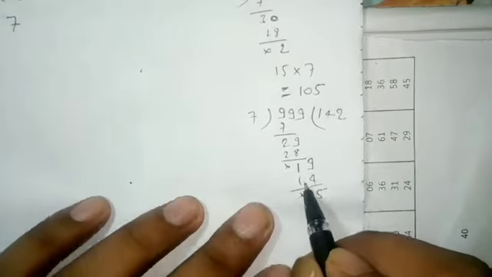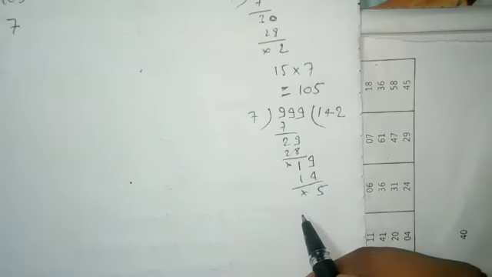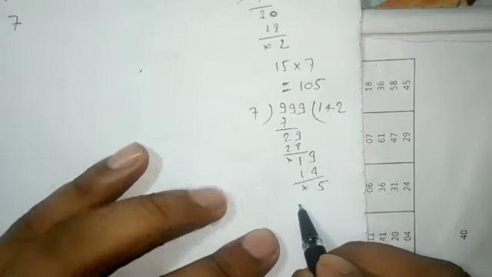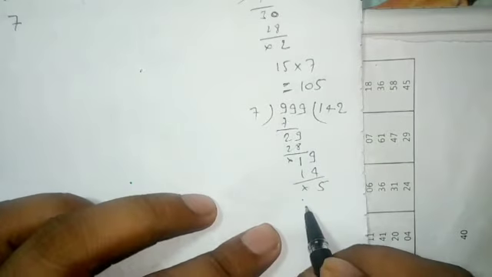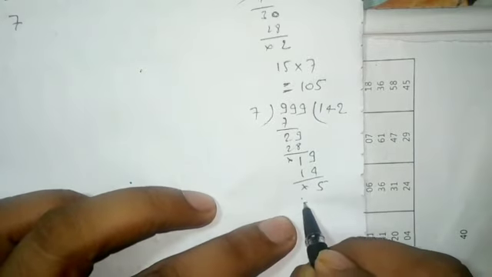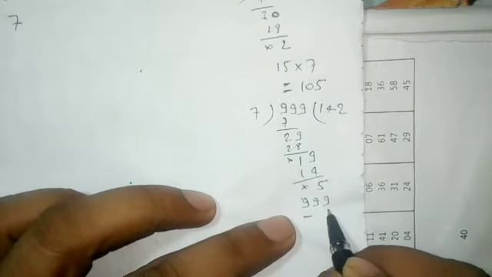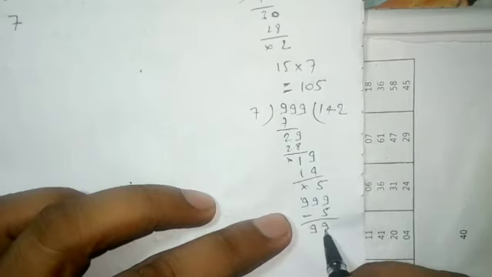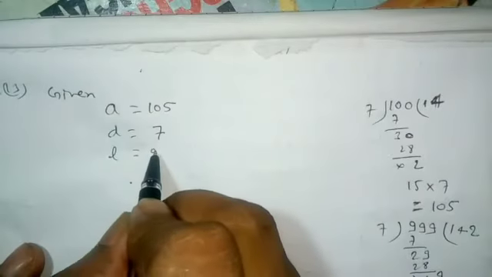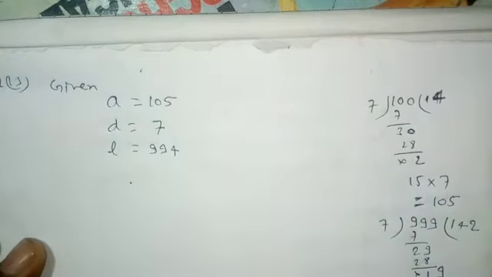So the greatest 3-digit number which is divisible by 7 is 999 minus 5, which is equal to 994. So L is equal to 994.